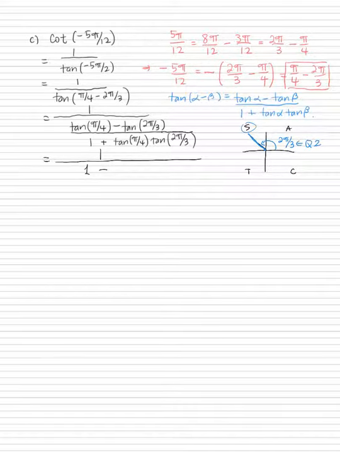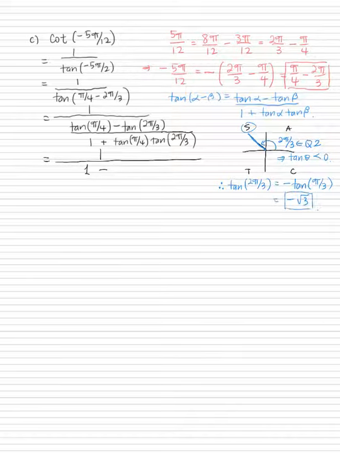Now, we're talking about the tangent, so in quad 2, tangent of theta is negative. Alright, so therefore, tangent of 2 pi over 3 is going to be negative tangent of its reference angle, pi over 3, which gives negative square root of 3.